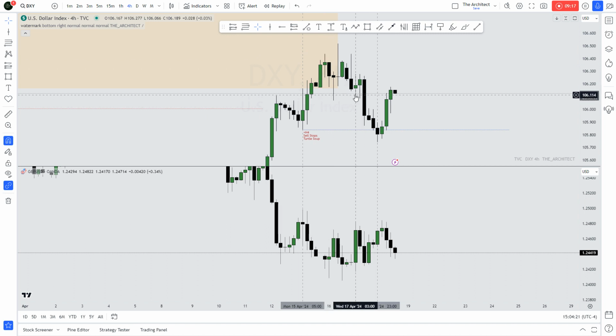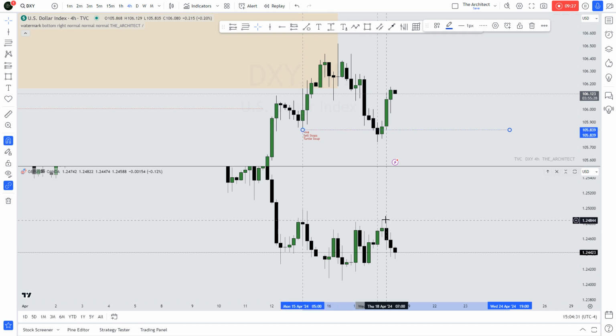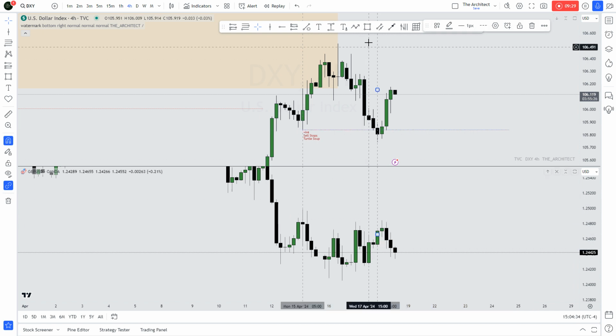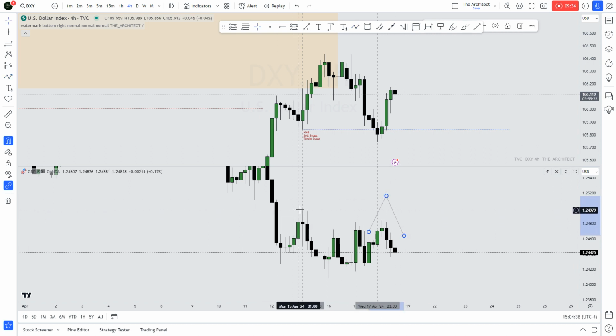Which is good. Now notice this point, this reference point, right? It's that point over there. Notice how on the dollar price went lower and took the sell stops off of this reference point. But on GBPUSD, you didn't get a situation where the market continued higher to take these buy stops over here.